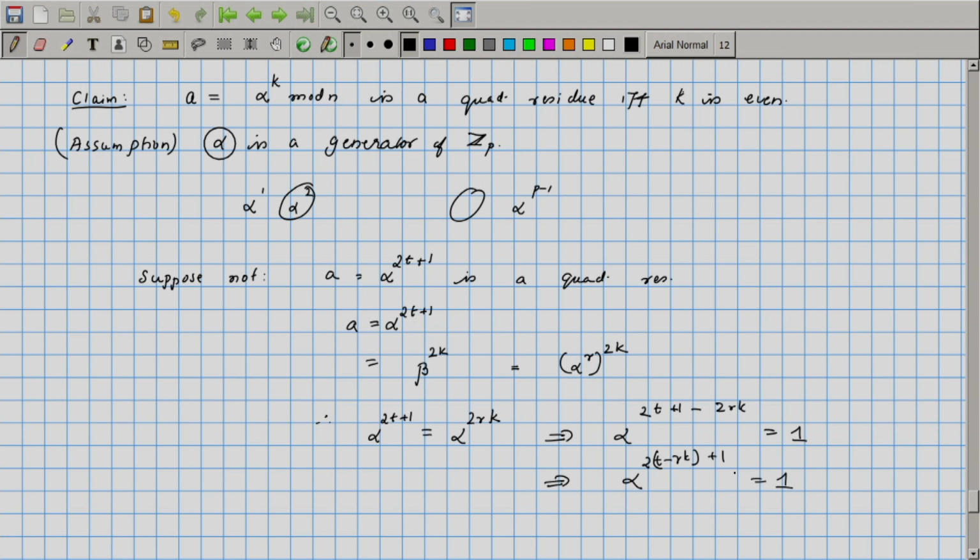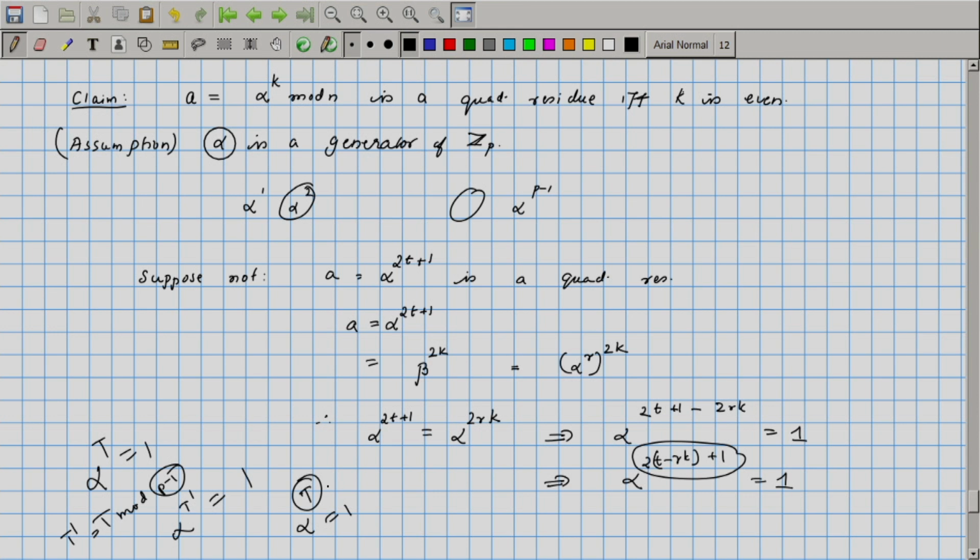But if alpha to some power is identity, the smallest number which has this property, that alpha to the capital T is equal to identity, means T should be a multiple of p minus 1. If it is anything smaller than p minus 1, that means alpha does not generate the entire group. And if it is something which is not a multiple, then we can take the remainder, let us say alpha to the T equals 1, take T mod p minus 1. So, let us call this T prime, alpha to the T prime will also be equal to 1.